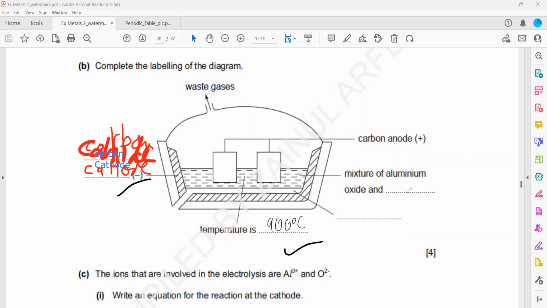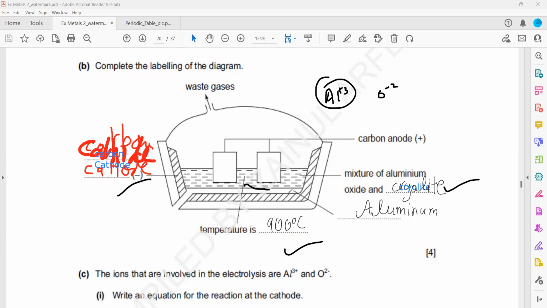A mixture of aluminium oxide and cryolite. And what is this substance which we collect? Aluminium, not slag. Here we don't get slag. Slag is in the extraction of iron. This is the extraction of aluminium, which produces aluminium ions and oxide ions. These aluminium ions are attracted towards the cathode, and we have molten aluminium at the base.